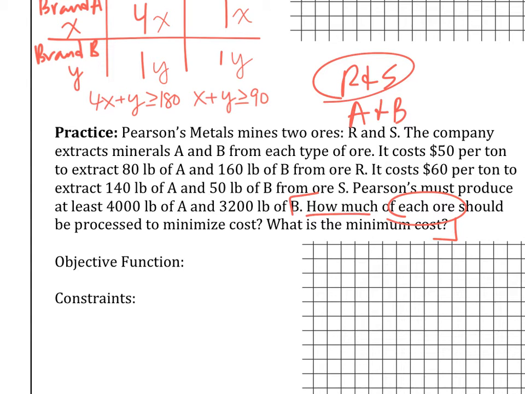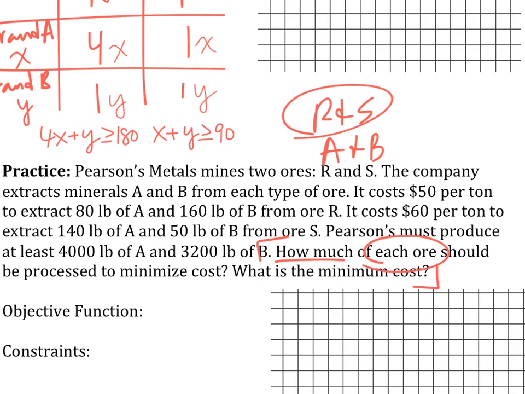Okay, so how much of each ore? That is R and S. How much of each ore to minimize cost? And the second question, the scary thing is, they always ask you more than one question. What is the minimum cost? So make sure you answer that question as well. Okay.